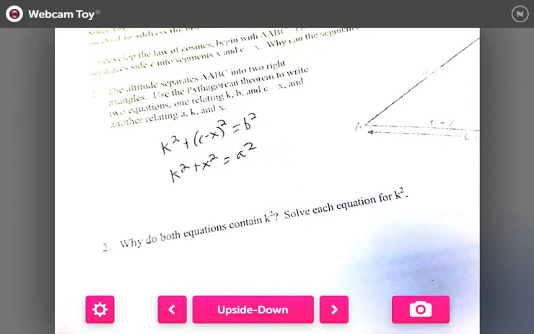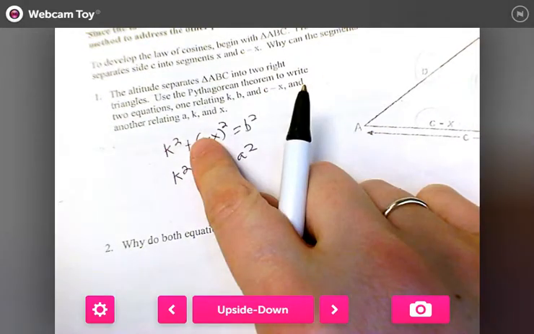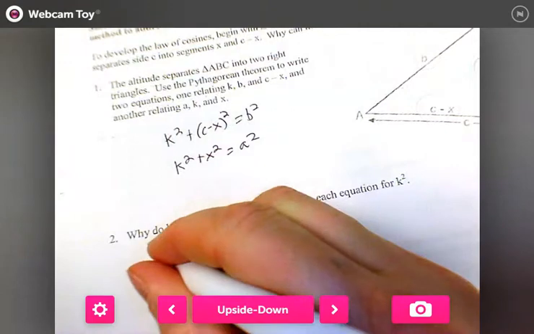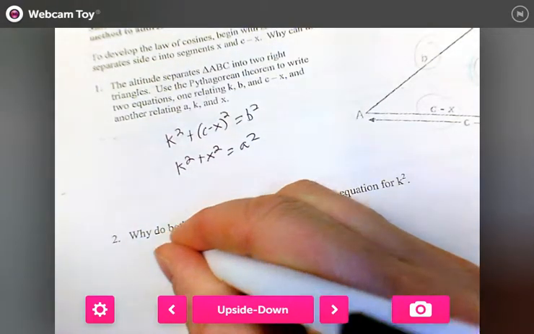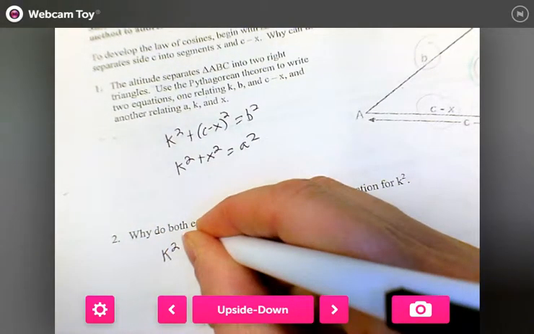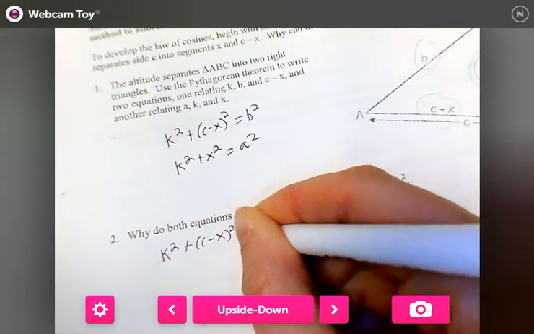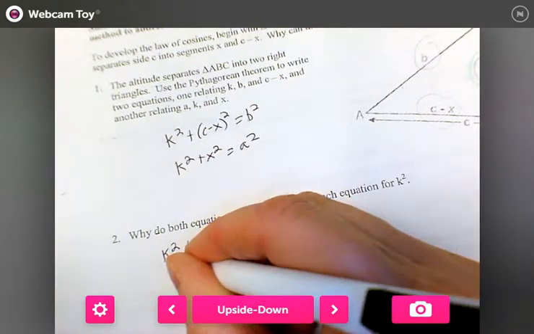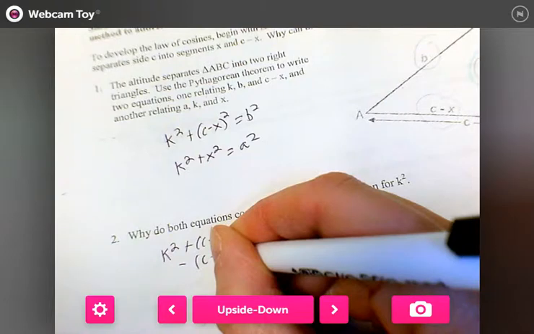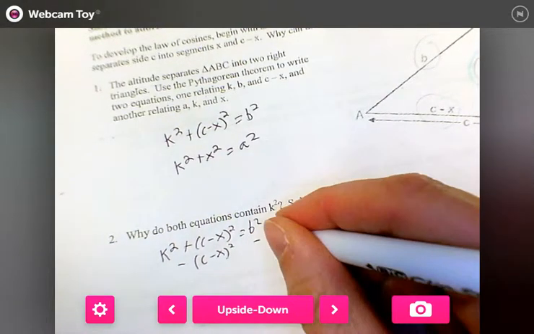Now we're going to solve both equations for K squared, which means I'm going to subtract this to the other side. So I'm going to end up with K squared plus C minus X squared equals B squared, and I'm going to subtract the whole thing in parentheses, C minus X squared, to the other side.